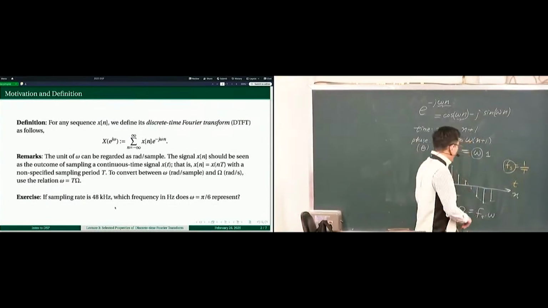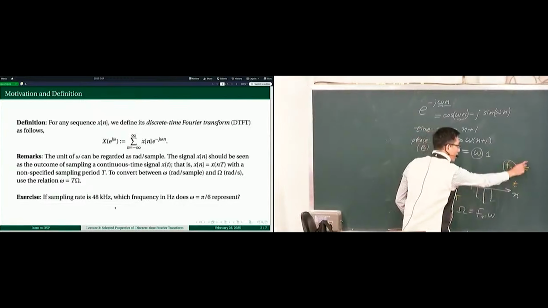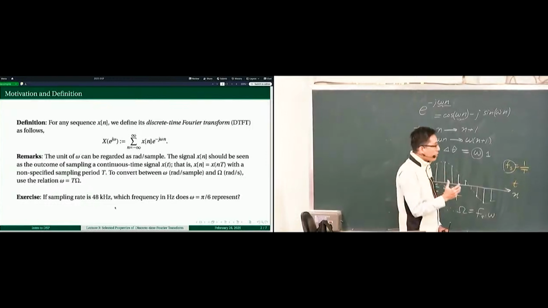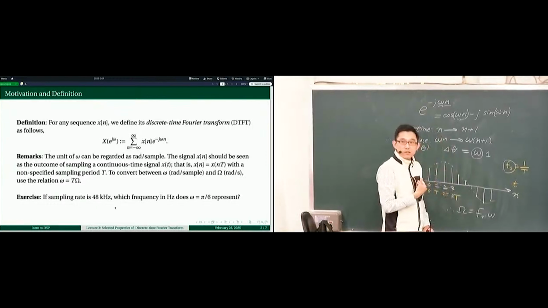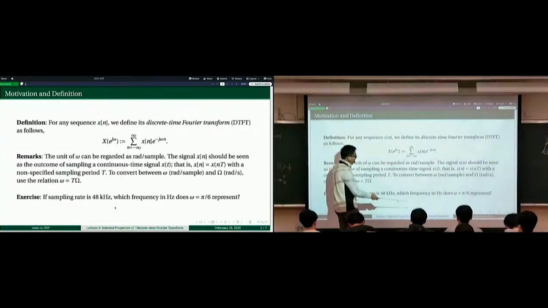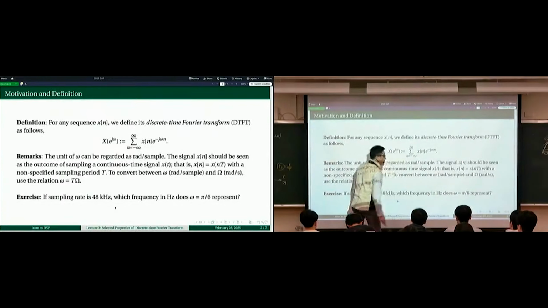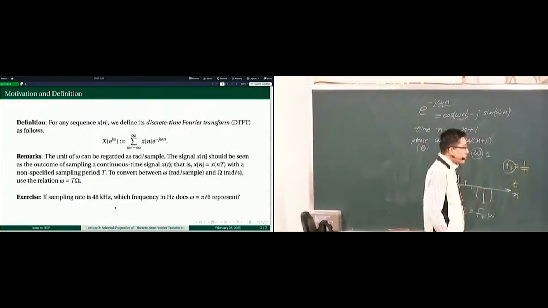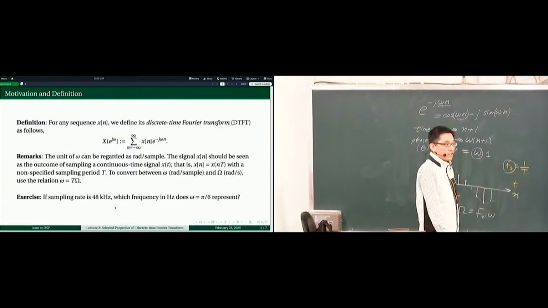Okay, 48 kilohertz being the sampling rate right here, 1 over T. We have 48,000 samples in every second. And then we are interested in looking at omega equals pi divided by 6. Then what does that frequency correspond to? What's the corresponding frequency in hertz? That's an exercise.